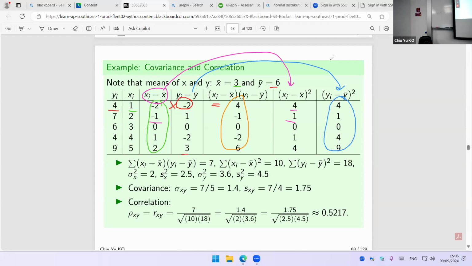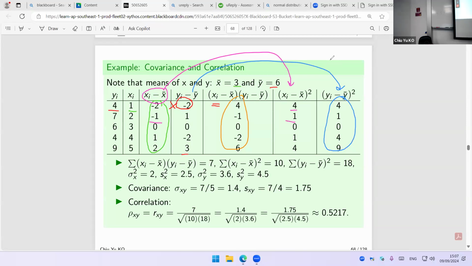Remember, this is called a summation, so I just add up everything here. This one is 10, because 4 plus 1 is 5, plus 1 is 6, plus 4 is 10. The last column, 4 plus 1 is 5, 5 plus 4 is 9, 9 plus 9 is 18. So that's how you get the number 18.